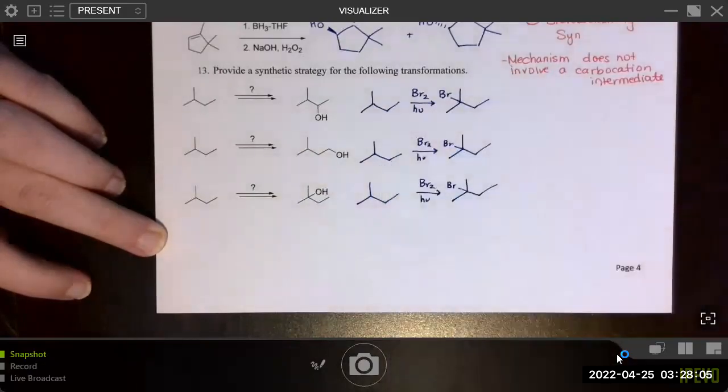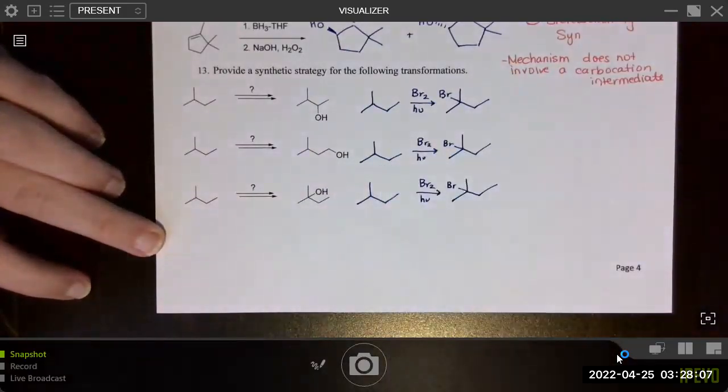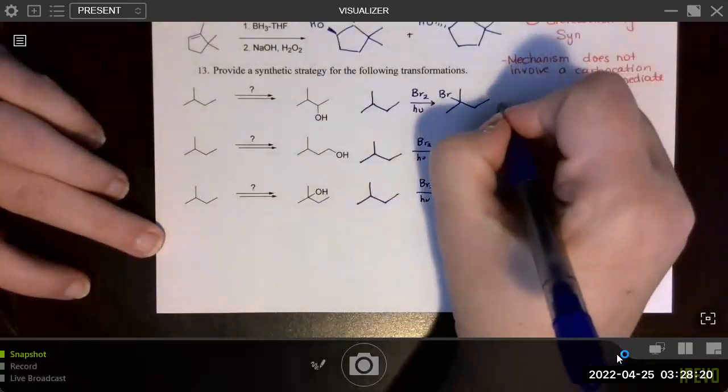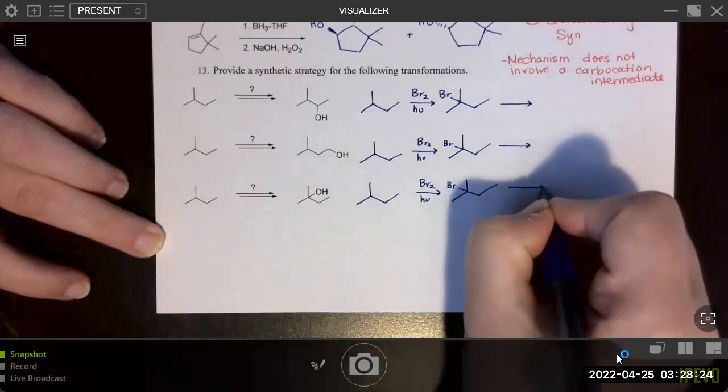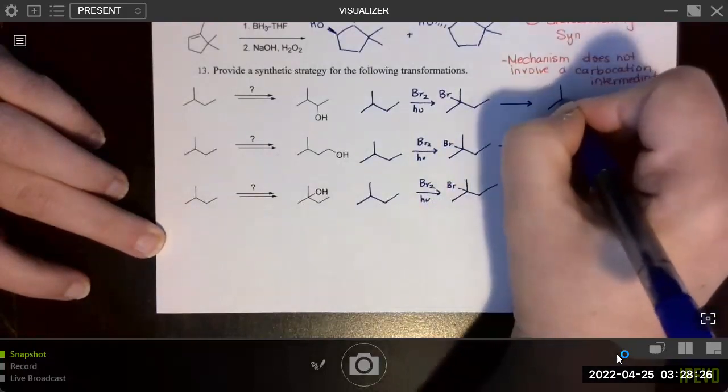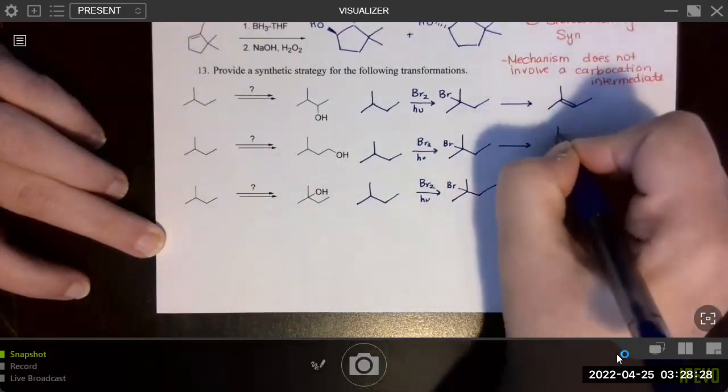And my bromine will go on the most substituted carbon. Okay, from there, it looks like I need to do an elimination to get an alkene. So we're gonna, again, do the same second step to get the alkene here.